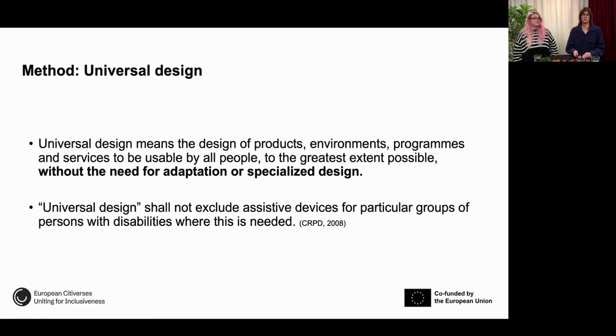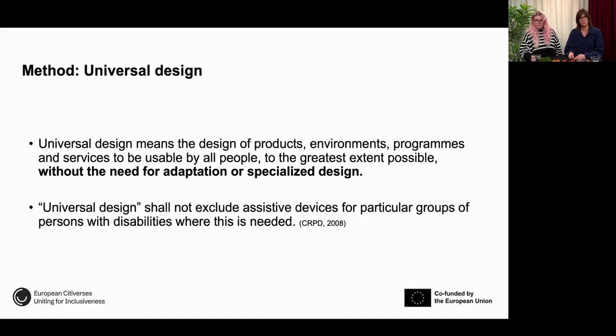So it is about not looking for special adaptations or solutions that could potentially stigmatize persons or feeling that it's an additional way of using a core service. We want to see how can this be developed in the really core of new services, products, or environments.